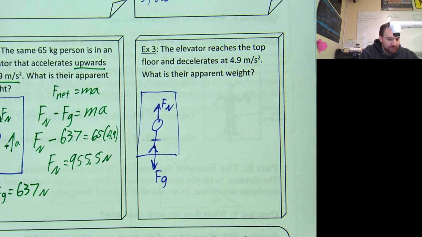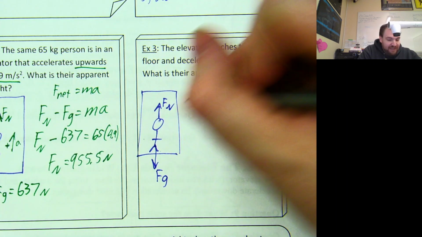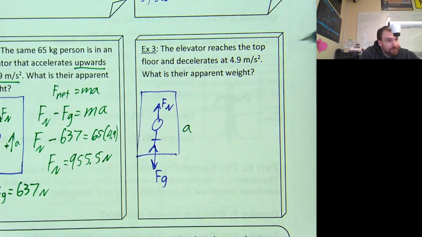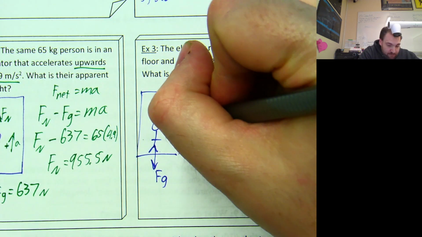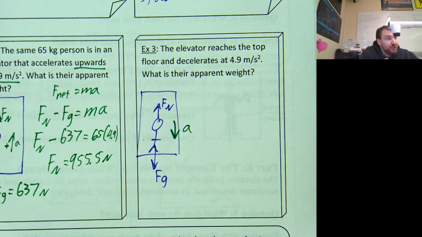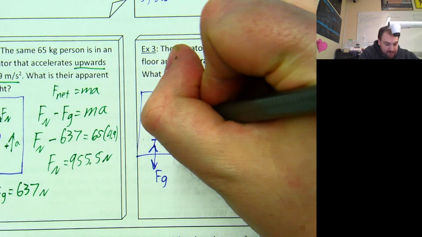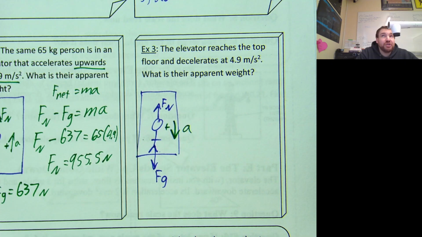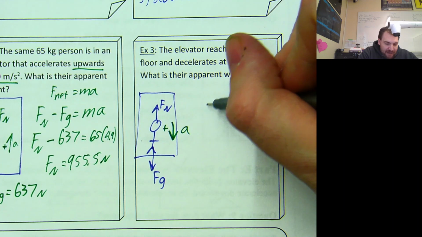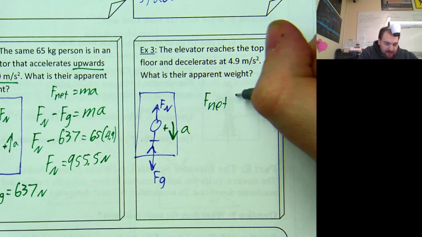Acceleration is which way this time? Downwards, because it's slowing down to a stop. So I'm also going to call that direction positive in this case. So now which one should be bigger, Fn or Fg? Fg is going to be bigger for the person. So now I'm going to have Fnet equals ma.